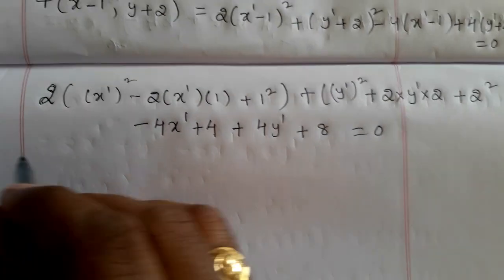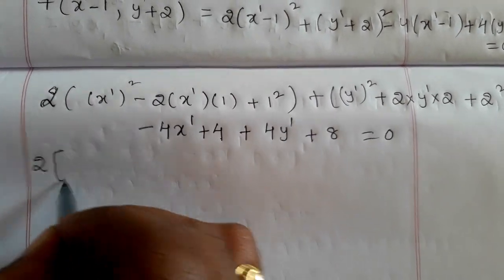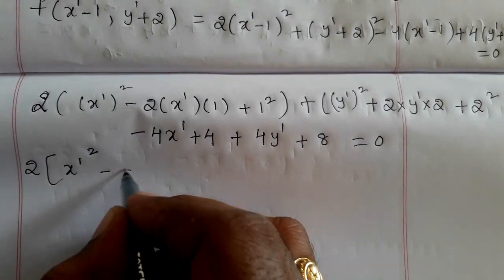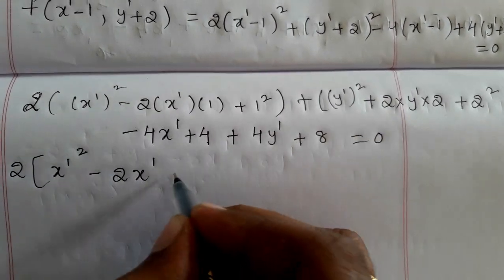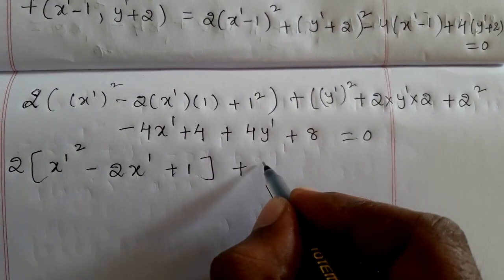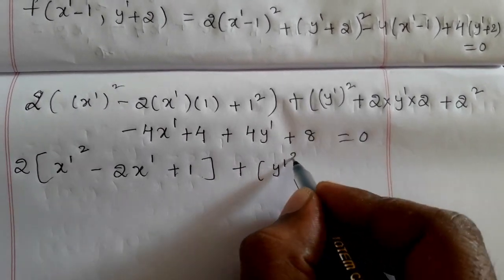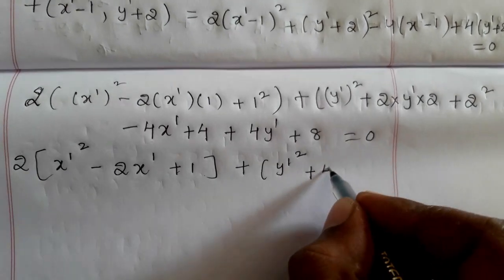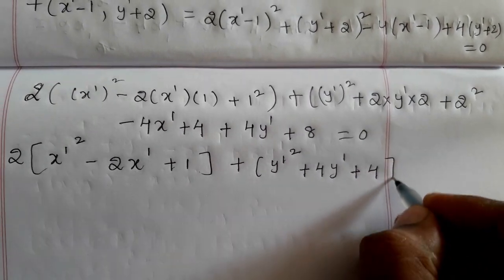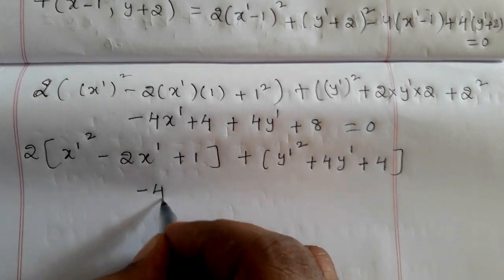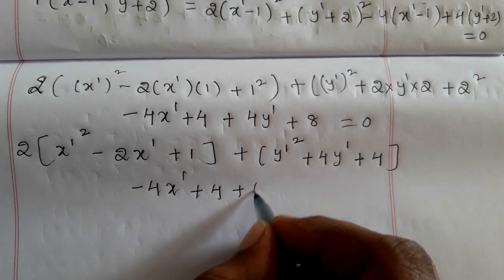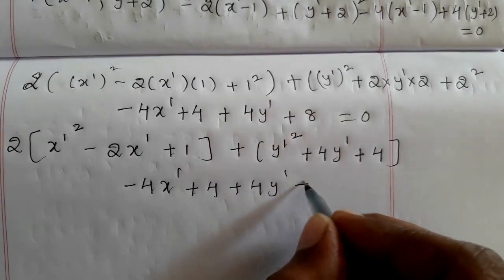So what is the next step? Here 2 times x'² minus 2 times x' plus 1. Then y'² plus 4 times y', 2² is 4, minus 4 times x' plus 4 times y' plus 8 is equal to 0.